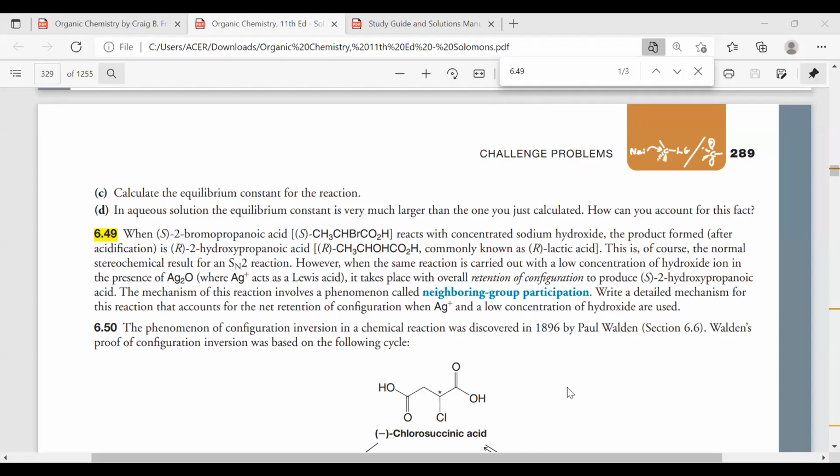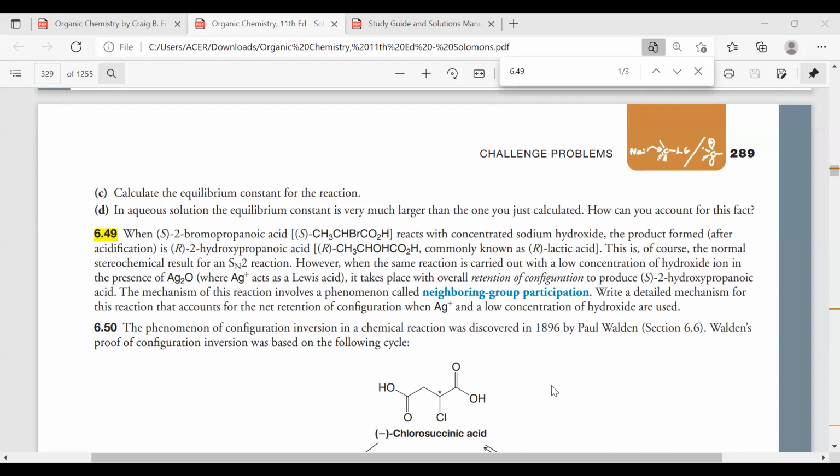Okay, so problem 6.49, I think this is the one that you had most difficulty answering. When S-2-bromopropanoic acid, S-CH3CHBrCOOH, reacts with concentrated sodium hydroxide, the product formed after acidification is R-2-hydroxypropanoic acid.